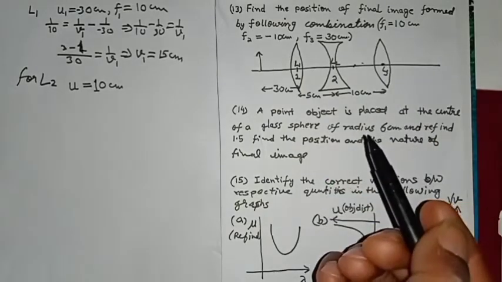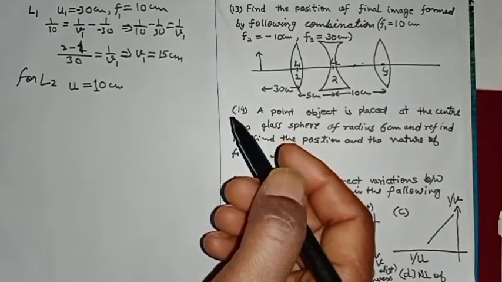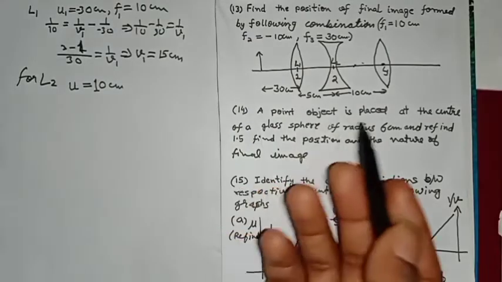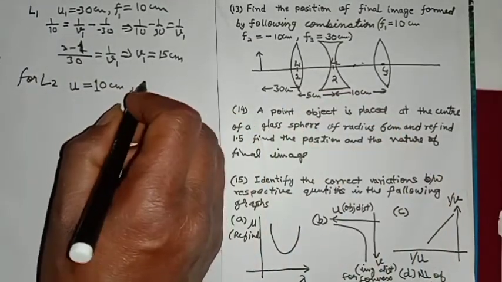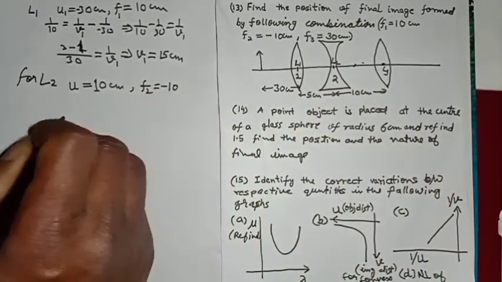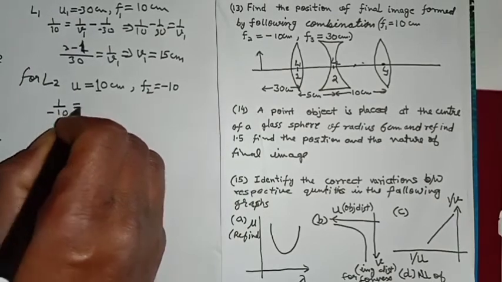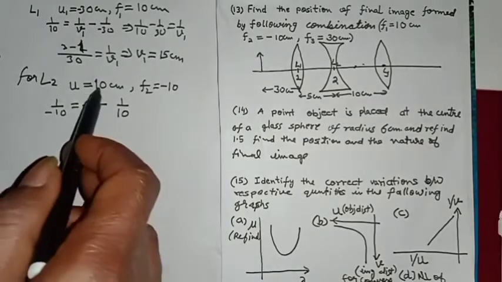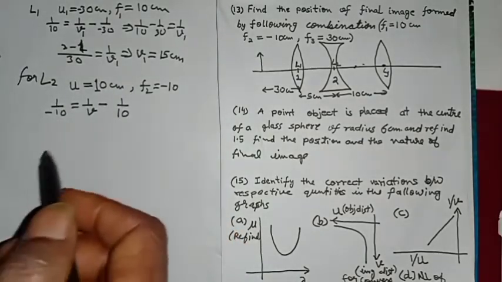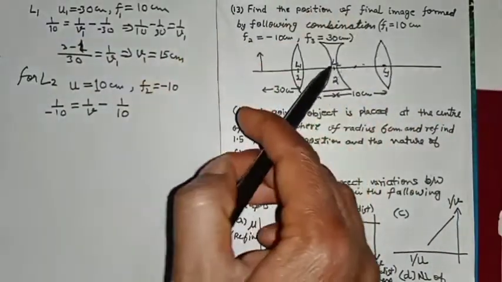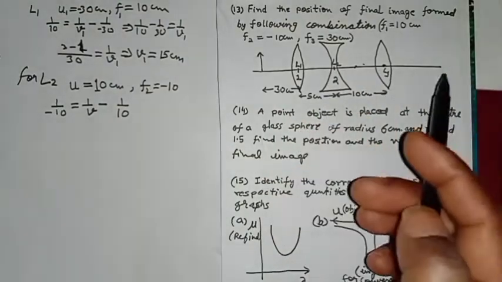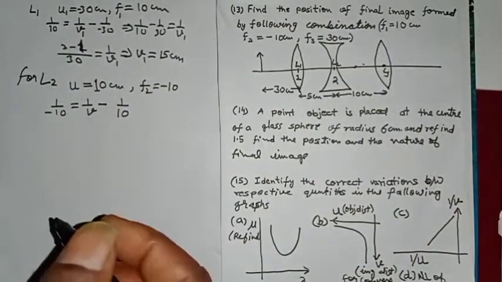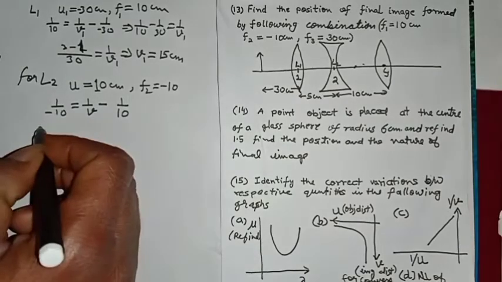At L3, that image is formed, and that image is acting as an object. As in question 1, we took object distance positive, so also in this case, because incident light and object distance are both in the same direction, that is why it is positive.